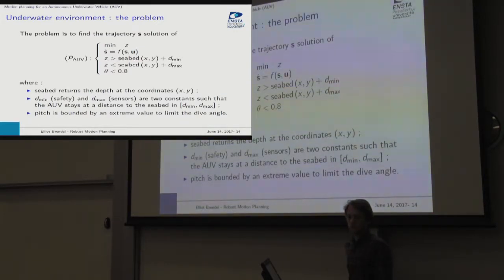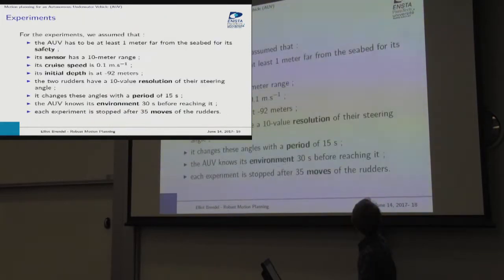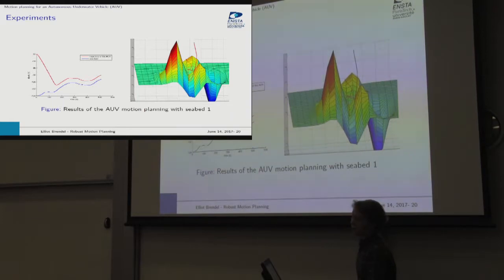Can you go back to slide 20 or something like that? What's the reason for the AUV to choose to go that direction or the other one? Is it only the initial conditions? It's because of what the AUV knows about its environment, because of our prediction period.